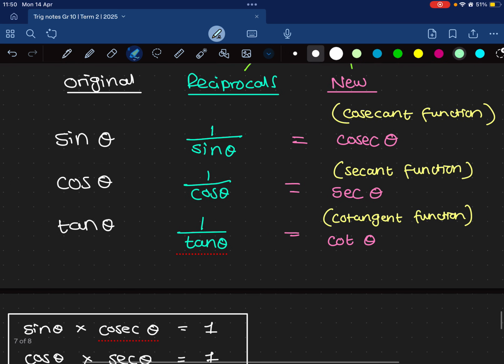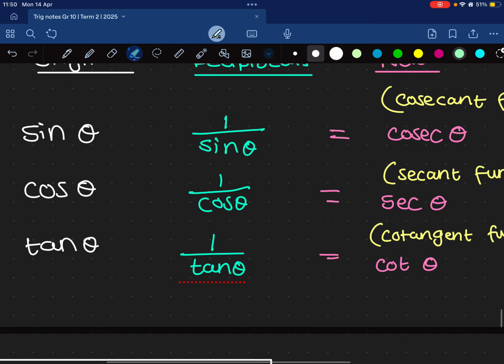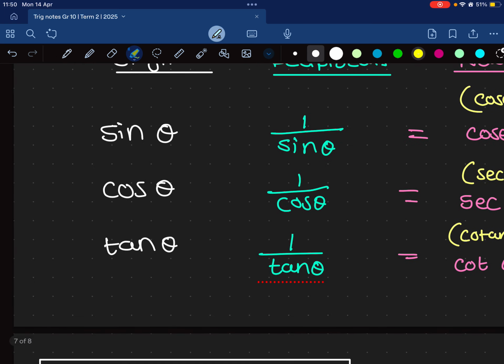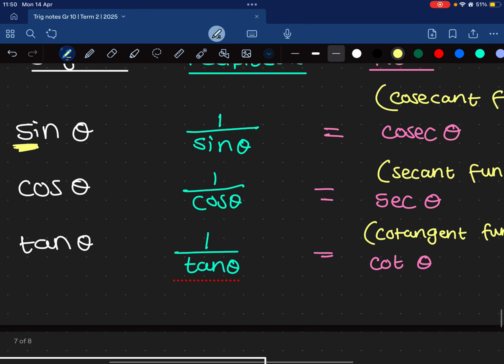Okay, something else that I also found to be quite helpful is that if you struggle to remember which one belongs with which, you can also have a look and see, well, sine with an S will relate to the third letter for this function, cosec. So because cosec has S on its third letter, you can remember it as sine.